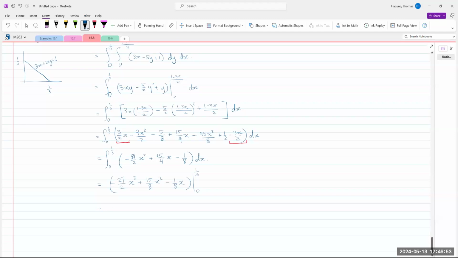That's negative 1/2 plus 5 over 24 minus 1 over 24. So negative 1/2 plus 4 over 24.